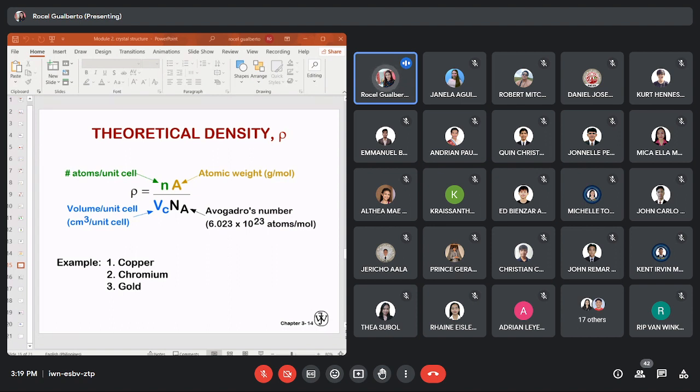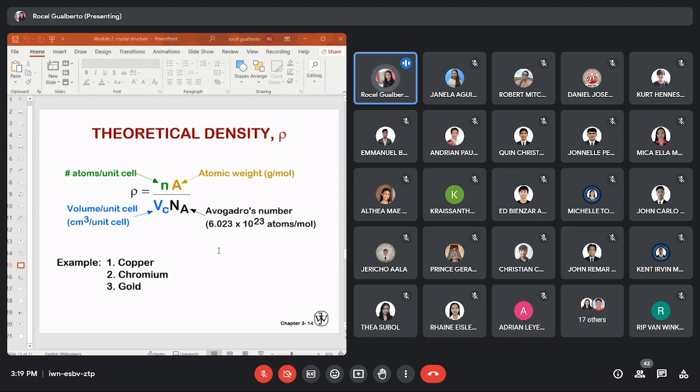Okay, for FCC, yun naman po yung may pinakamataas na APF, which is equal to 0.74. Intermediate would be BCC having 0.68. And for HCP, since siya po yung may pinakamalaking unit cell, its APF is the same as that of FCC, which is 0.74.